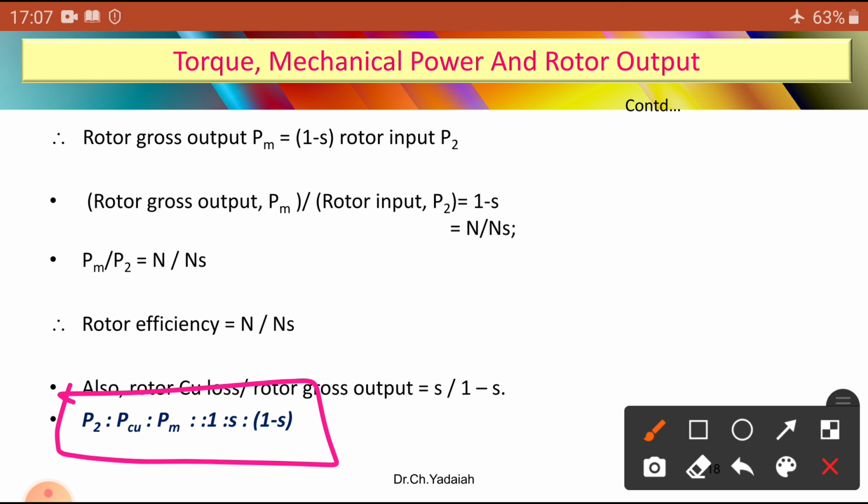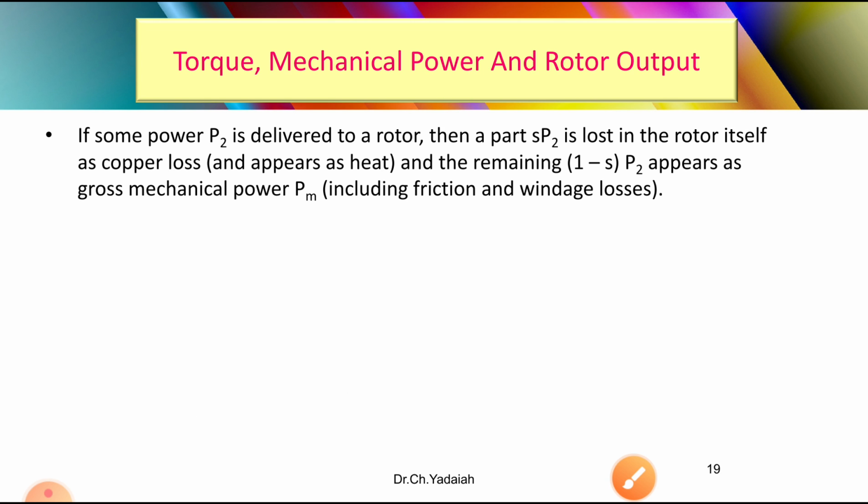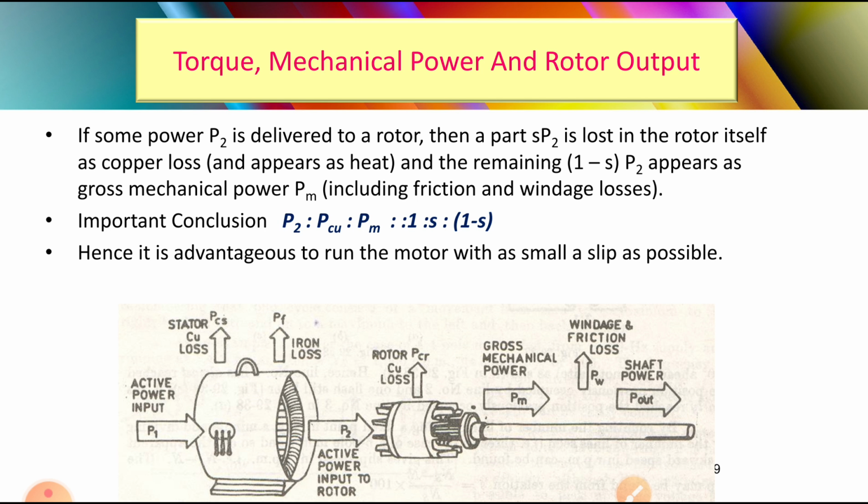Okay, so these are some relations in induction motors. If some power P2 is delivered to the rotor, then a part S P2 is lost in the rotor itself. So losses, we have already seen all these things. Hence it is advantageous to run the motor with as small a slip as possible.